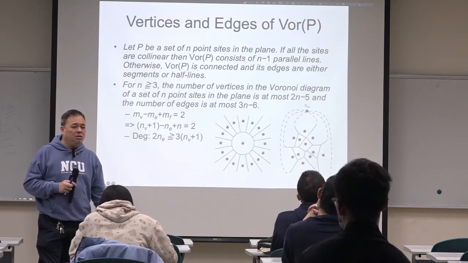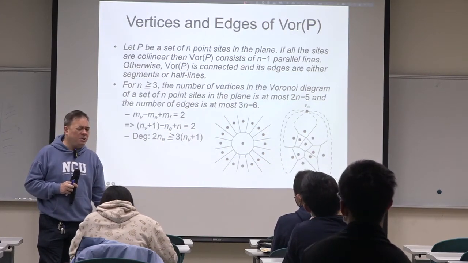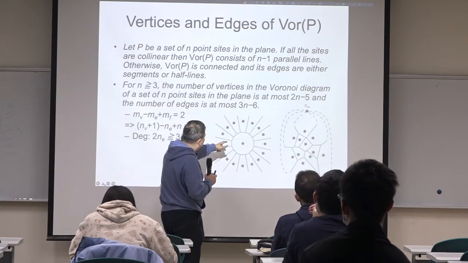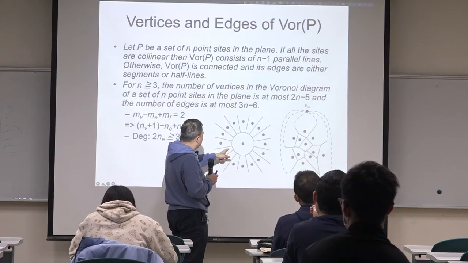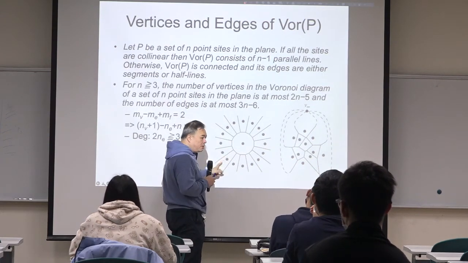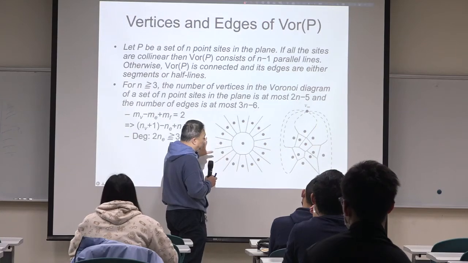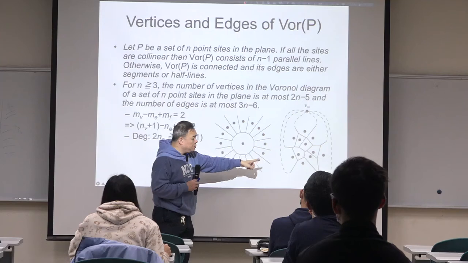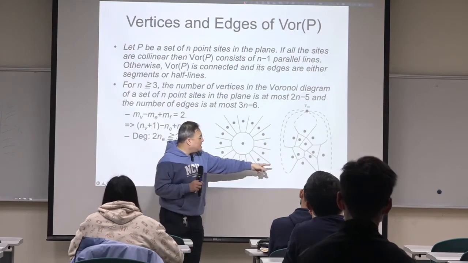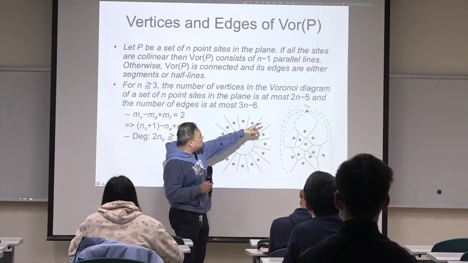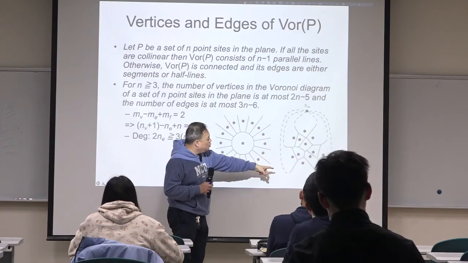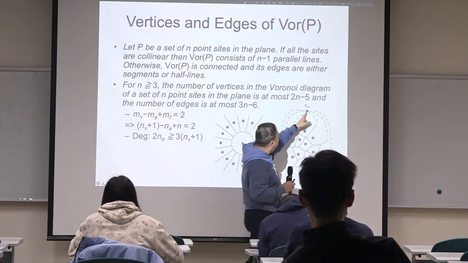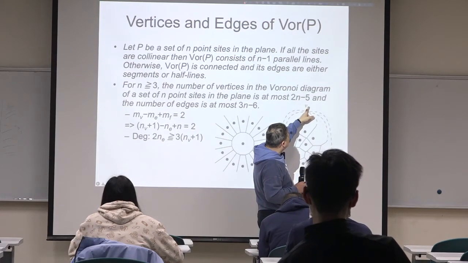But how about half lines, the lines that go infinitely far away? What do we do? For ease of discussion, we could assume these lines, when they go to infinity, will all reach a vertex called V infinity, the vertex at infinity.